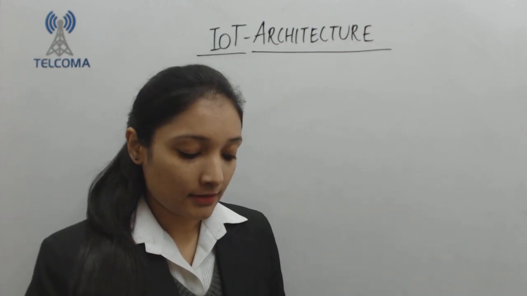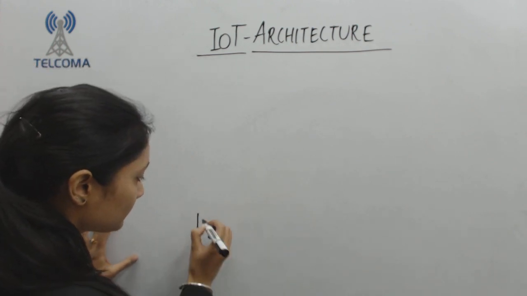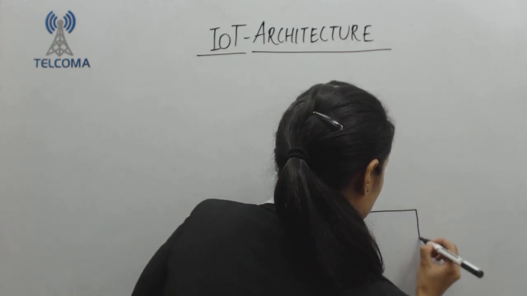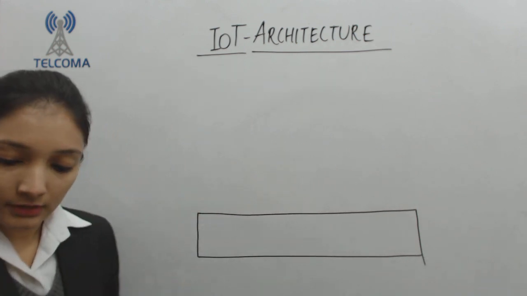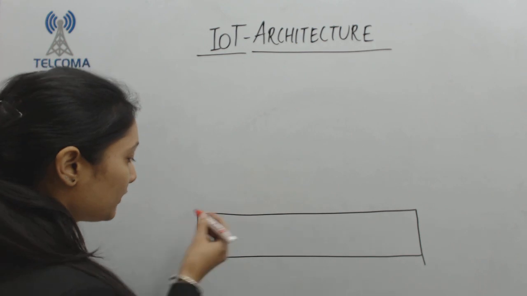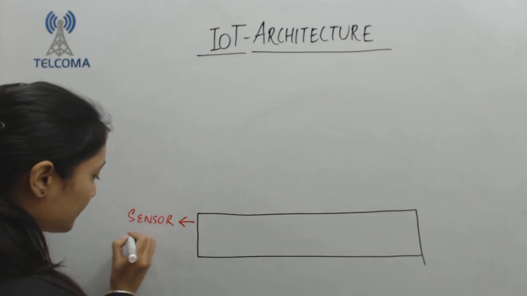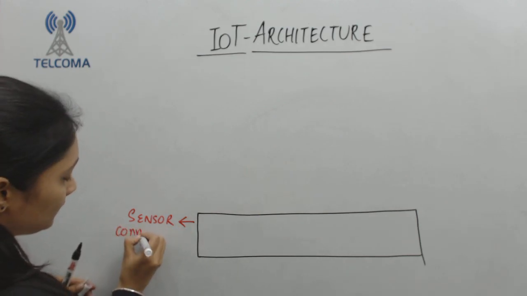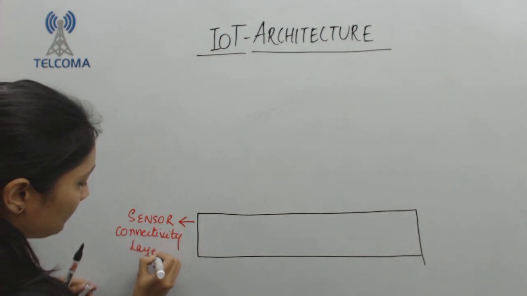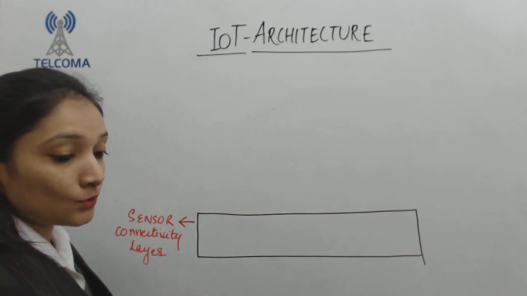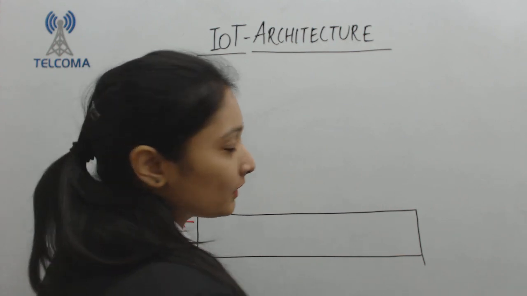So we will start here from the very first layer, which is your sensor network layer. This is typically your sensor connectivity layer. That means it will comprise a number of different sensors which will be collecting information from the physical world.